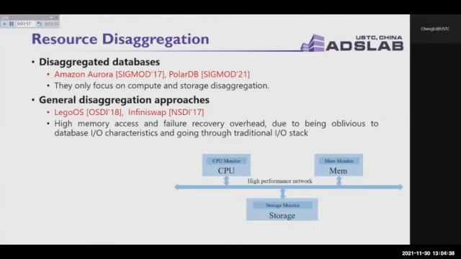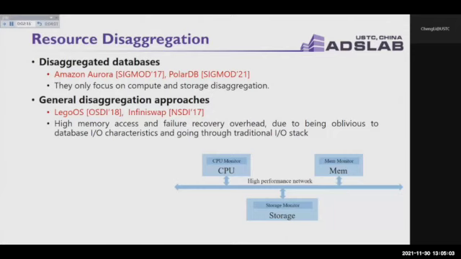However, this kind of general disaggregation approach suffers from high memory access overhead and high failure recovery overhead. That's because they are oblivious to database I/O characteristics. That's because they're general. This is the price they pay, and they often go through the traditional I/O stack.